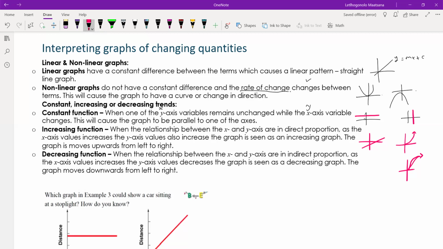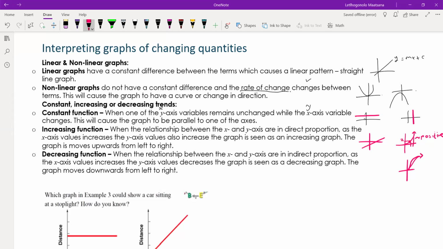The difference between this and that is the rate of change. The rate of change for this graph is positive, meaning the relationship that x and y have increases with each point. Maybe at this point, when x increased by 1, the y would increase by 2.